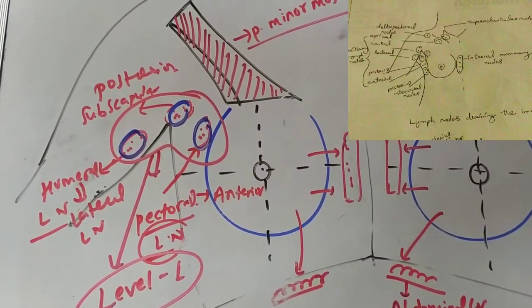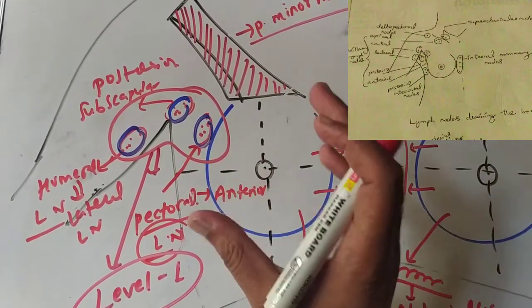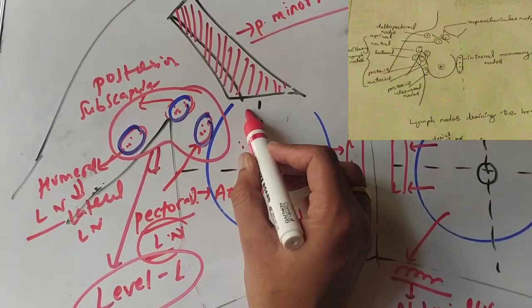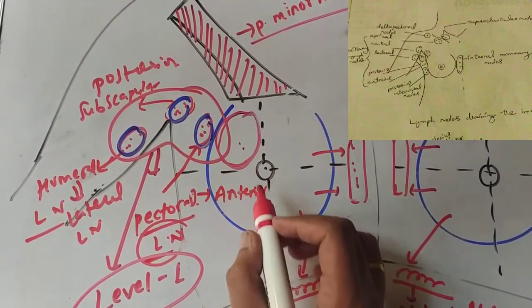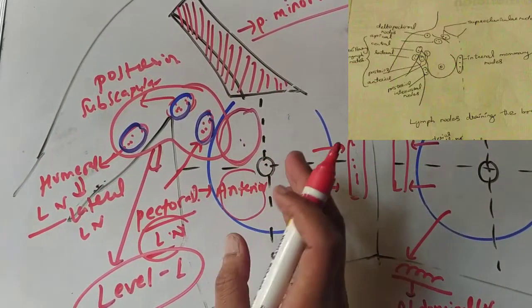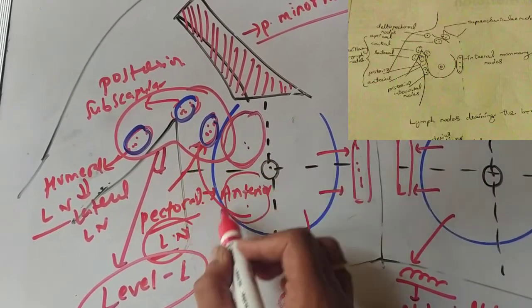So why are they known as level 1 lymph nodes? Any lymphatic drainage, especially from the upper outer quadrant and the lower outer quadrant, is drained first into these three lymph nodes.